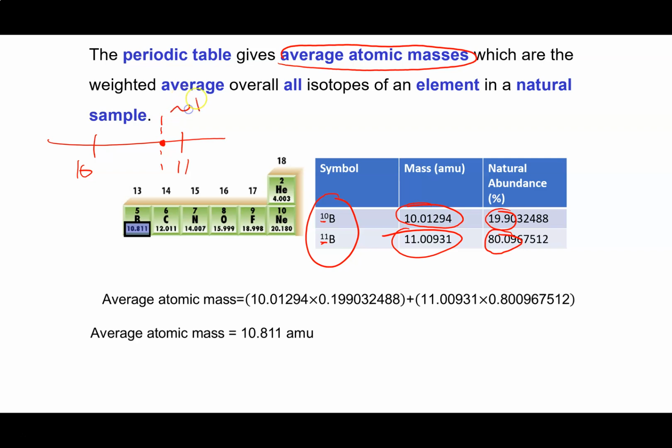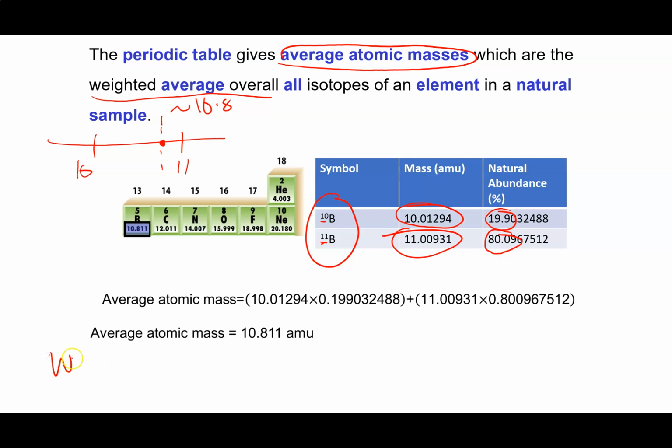So maybe you'd get something like 10.8. Well, we can't just draw number lines and eyeball what we would expect the average mass to be. So what we do is we calculate the weighted average. And so I'm going to revise how to do that.